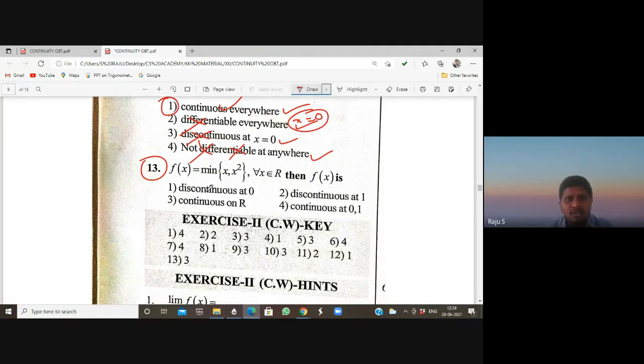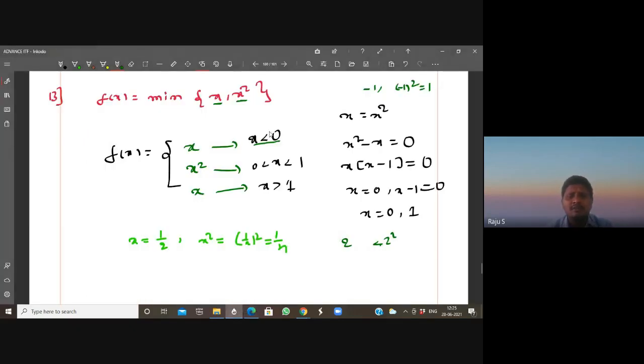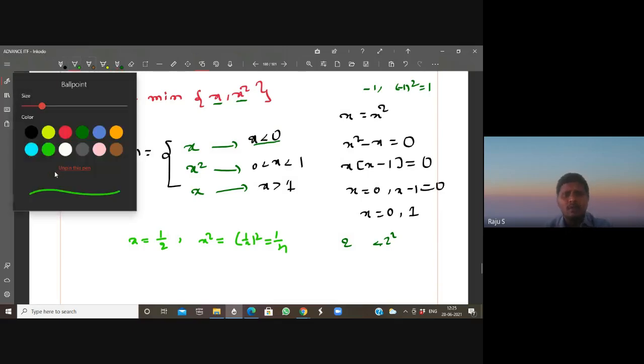So what is the question here? Discontinuous at 0, discontinuous at 1, continuous on every real number, or continuous at 0 comma 1. See, it is easy to check. First I want to check at 0 alone. Substitute 0 in place of x.